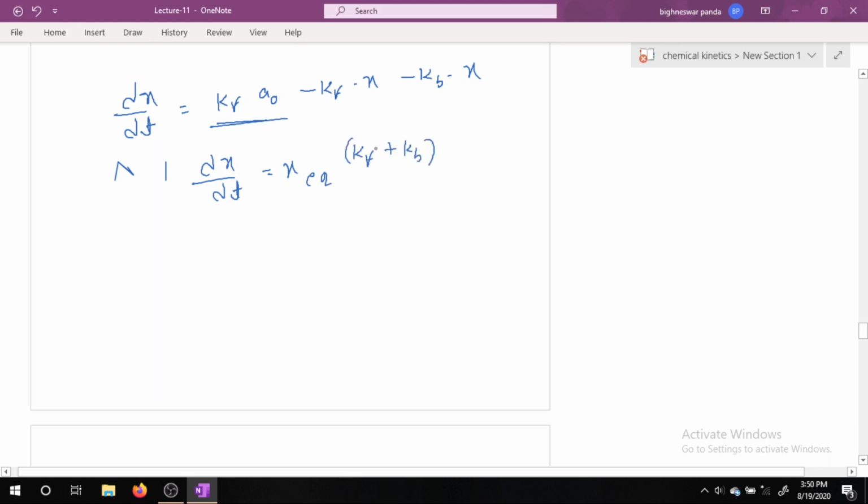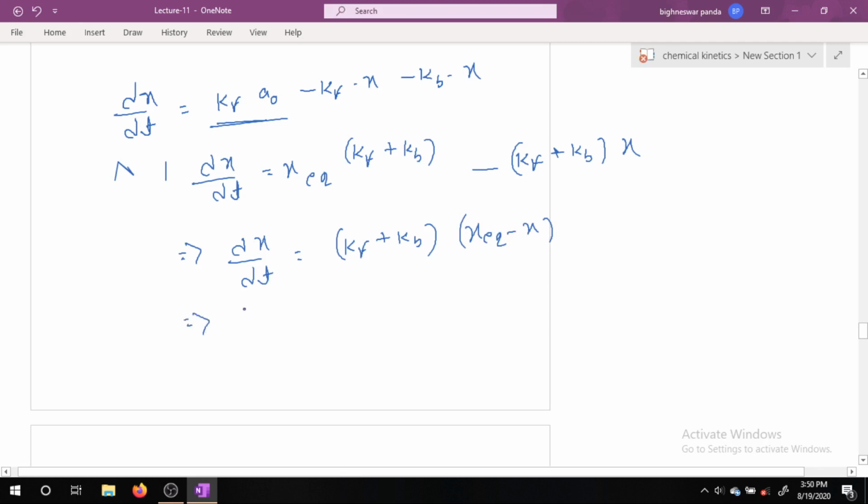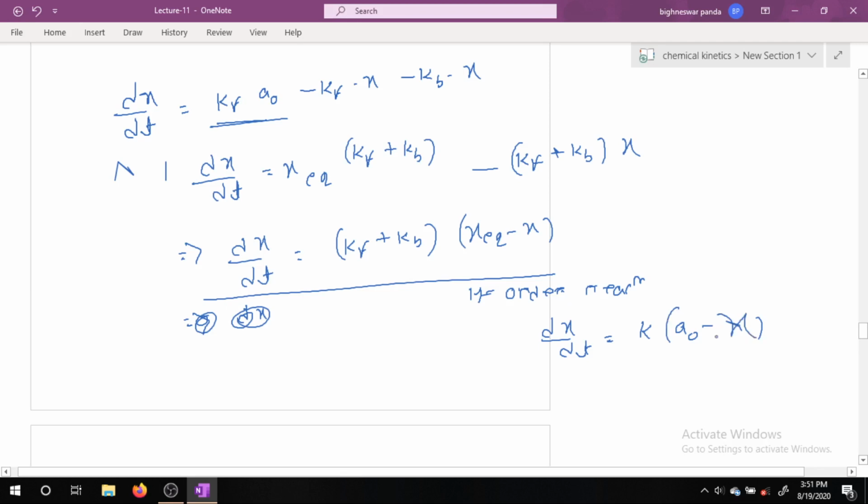So dx by dt equal to an expression in terms of xeq, where A naught is the constant and x is also a variable.